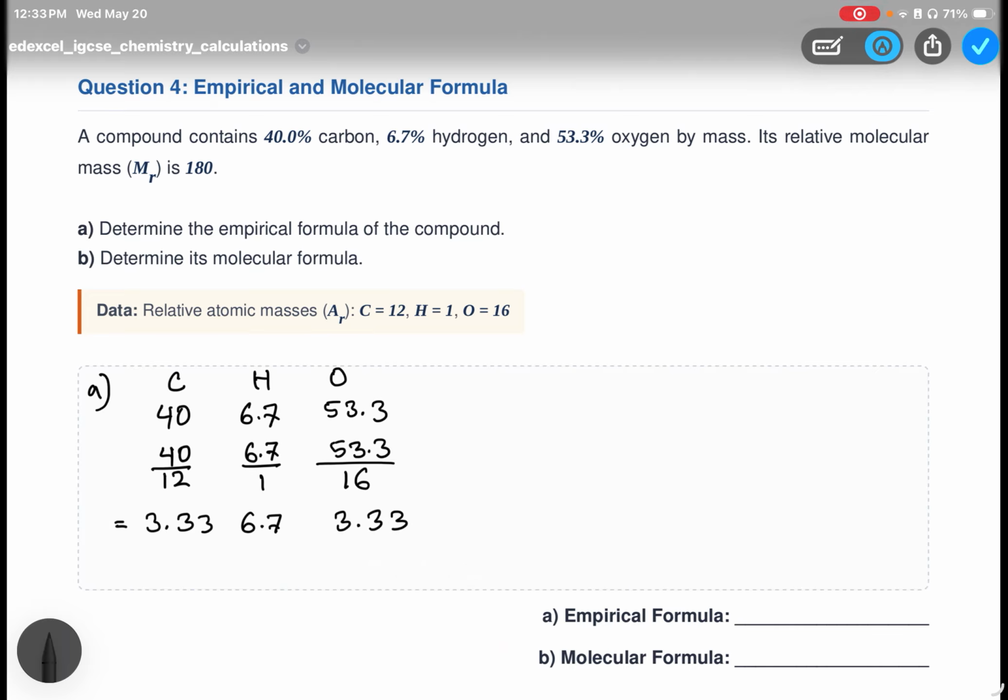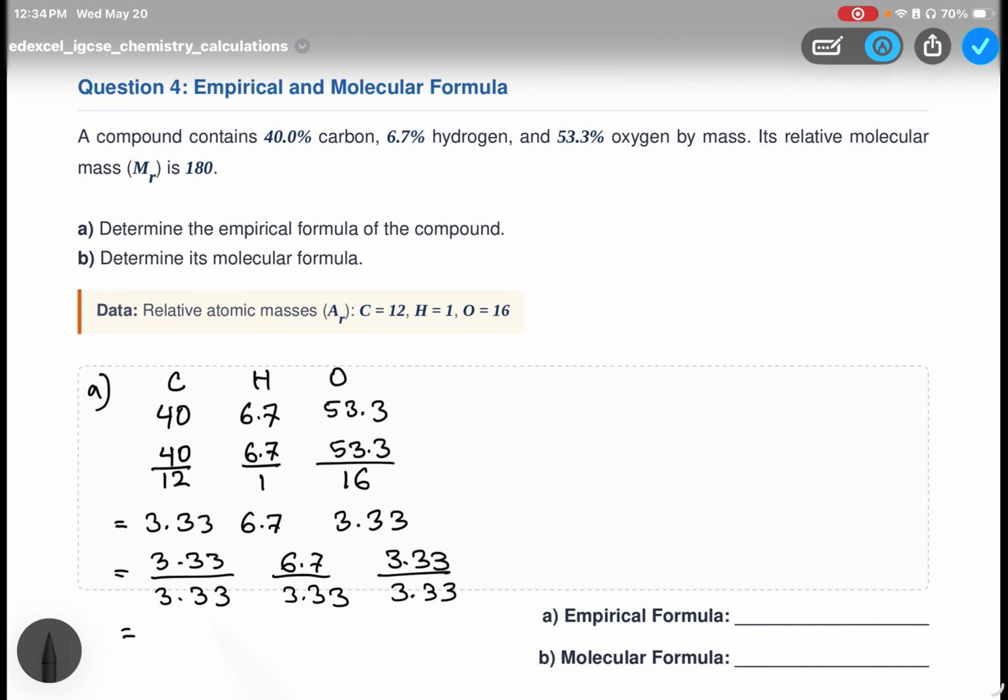Now, the smallest number among these three is 3.33. You take the smallest number and divide all of the values by it. So 3.33 divided by 3.33, 6.7 divided by 3.33, and 3.33 divided by 3.33.